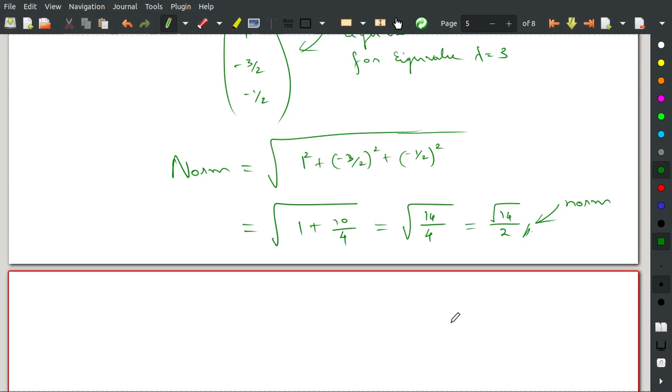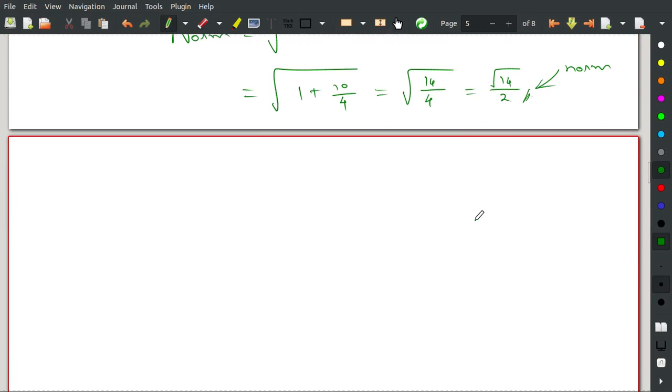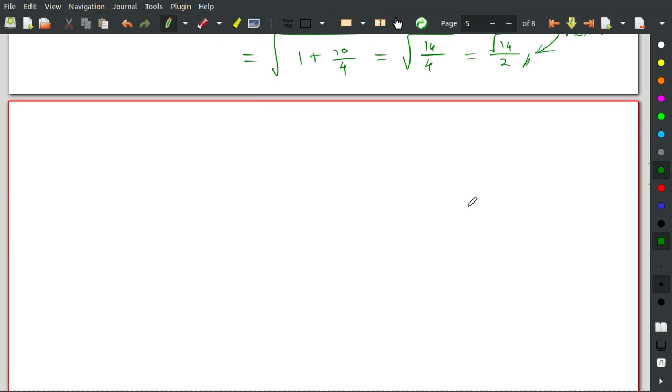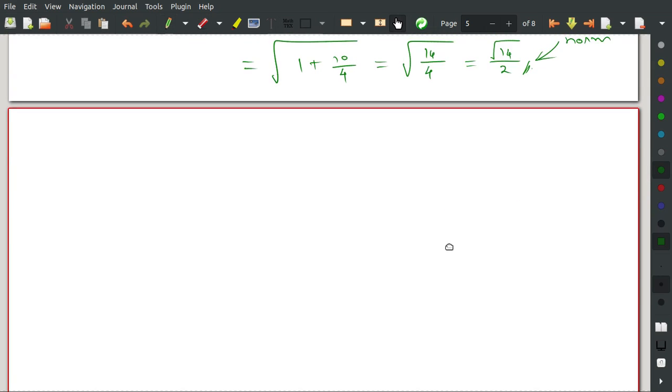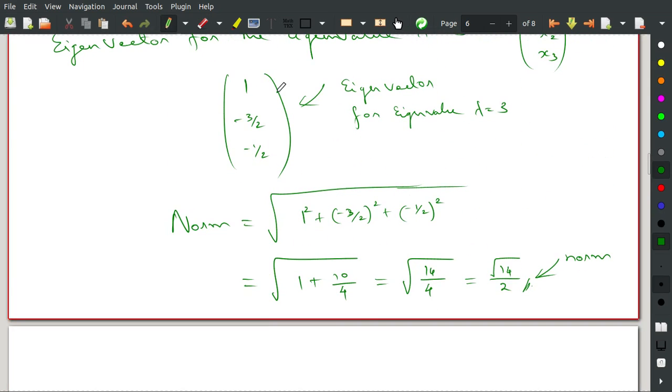Okay, this is our norm, and we have to use this norm to normalize this vector. In order to normalize this vector, we have to divide each of these elements by the norm.